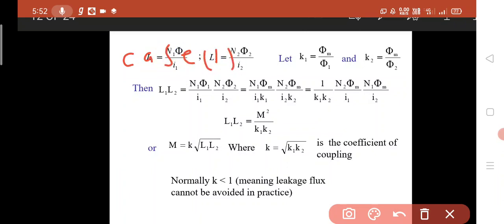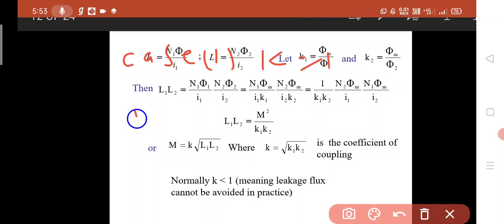Case 1. If the entire flux produced in one coil links with the other, then K is equal to 1 and the coils are said to be tightly coupled or closely coupled.